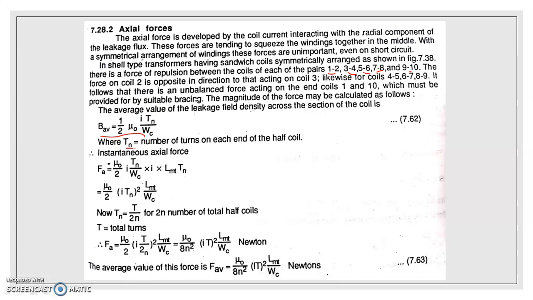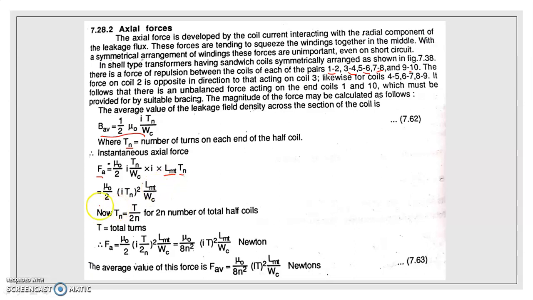The instantaneous axial force is simply B_AV times the instantaneous current I and the length of the mean turn LMT of the winding, with the number of turns of each half coil.